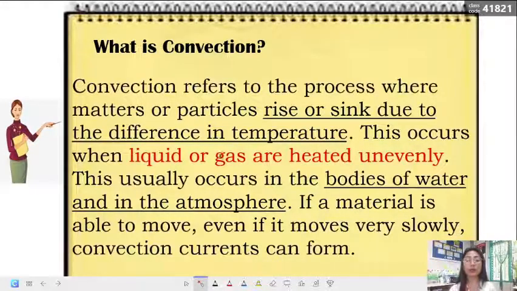This occurs when liquid or gas are heated unevenly. So, this usually happens in liquid or gas, or this usually occurs in the bodies of water and in the atmosphere. If a material is able to move, even if it moves very slowly, my dear students, convection currents can form. Okay?